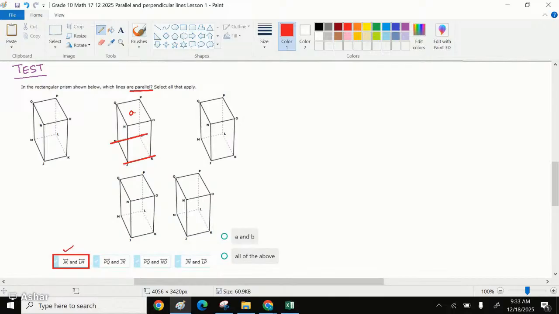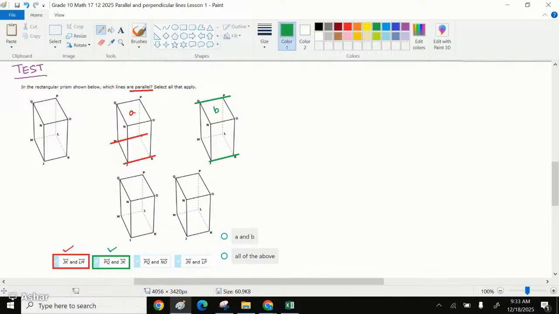Okay. Then the next one, PQ and JK. Where is PQ? PQ is here, PQ and JK. That means option B is also parallel.